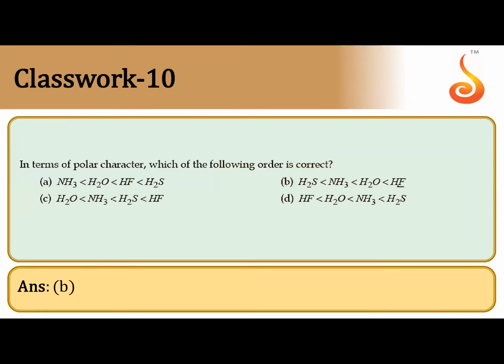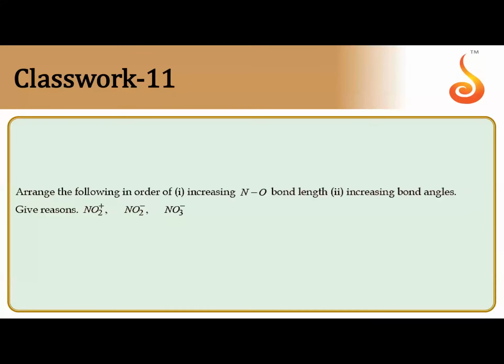This looks fine, right? Fluorine is most, oxygen is second most, nitrogen and chlorine are third most, and sulfur, therefore, we have put in the end. So based on electronegativity order, you can select option B.